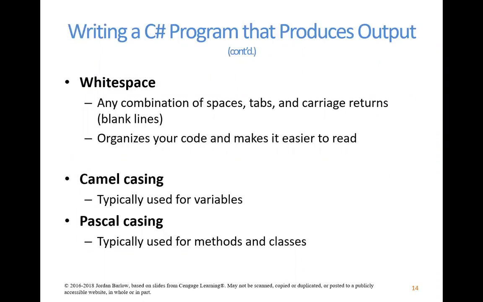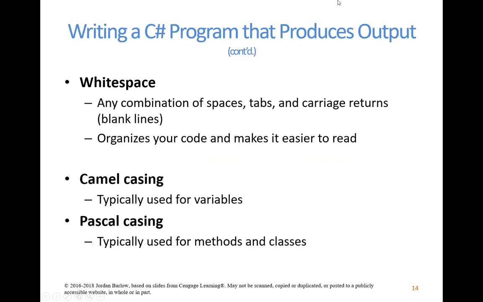All right, a few other things. So whitespace can be anything that is between words. So whether it's a space, a tab, an enter, carriage return, a blank line, all of that is what we call white space. So we use white space to organize our code and make it easier to read.